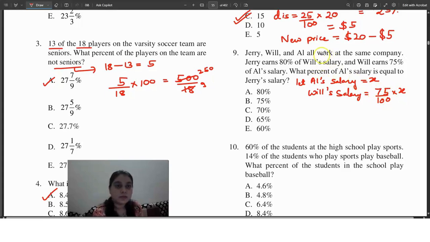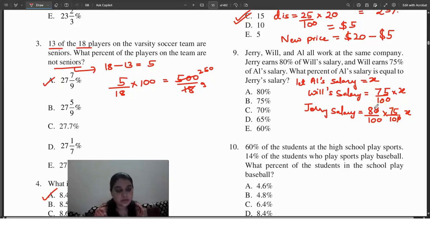Now, J earns 80% of W's salary. So J's salary will be 80% of W's salary. 75 upon 100 into X. So we can cancel out these.